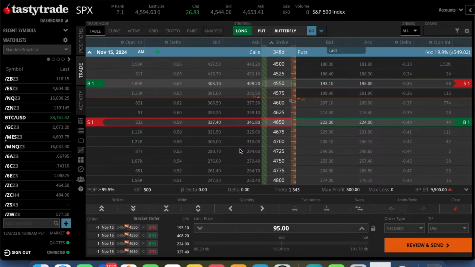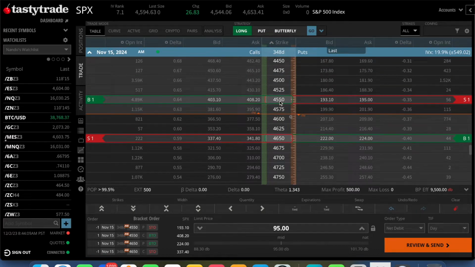So if we close at 4,700, we will get 10,000 for this minus the cost of the trade, which is 9,500. You end up with $500. So anywhere above 46.50, the call vertical expires for full value. The put vertical expires for 0. So you're going to end up with 500.